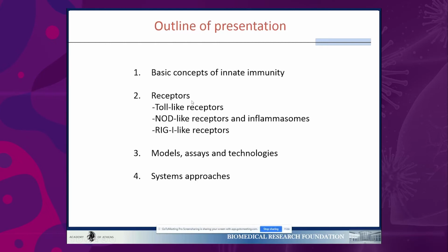Second, remind you about the basic ways innate immunity functions, that it uses receptor systems that broadly recognize pathogens, and then talk to you about the models, assays, and technologies that can be used to study innate immune processes, and talk a bit towards the end about systems approaches and why this may be the way forward.